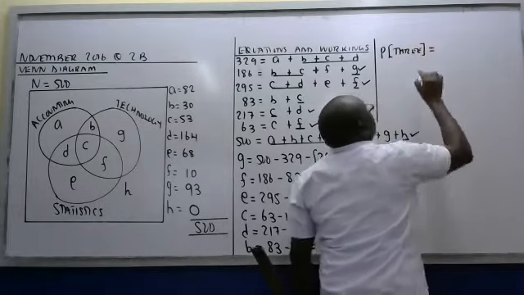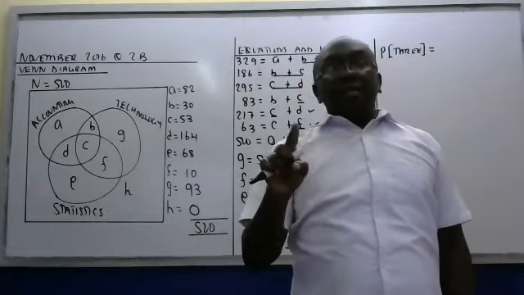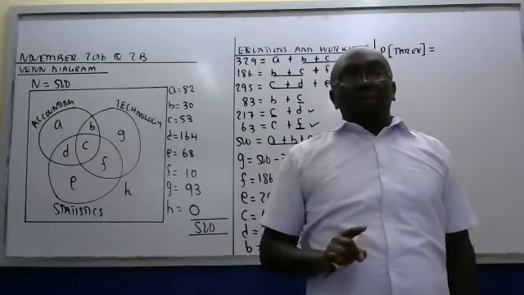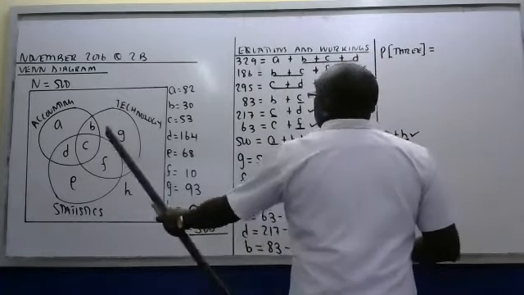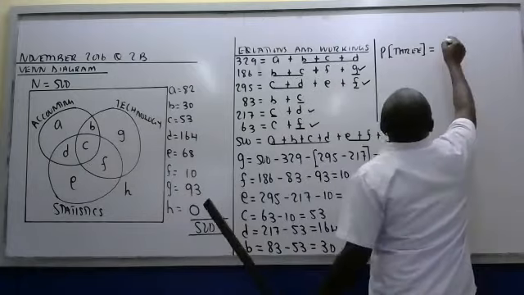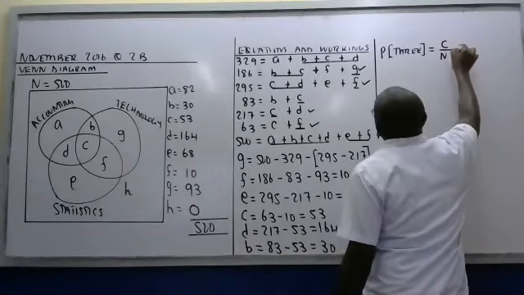Yesterday I told you the general formula of computing probability is desired, you divide by possible. So we desire those who are in all the three. And those who are in all the three, they are C. And the possible, all of them are what?